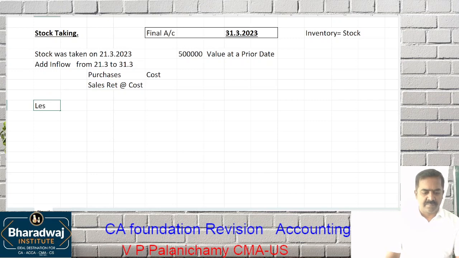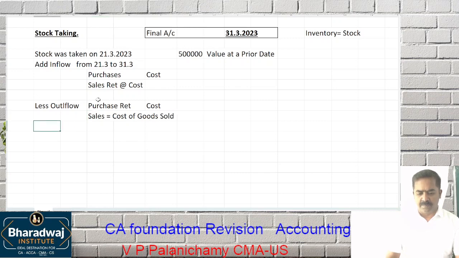Less all the outflows. Outflow means purchase returns, which will be at cost price. Sales: you have to take it at cost, that is, the cost of goods sold. Simple. Let's assume we purchased for 30,000, and the sales returns are around 1,000 rupees cost of goods.